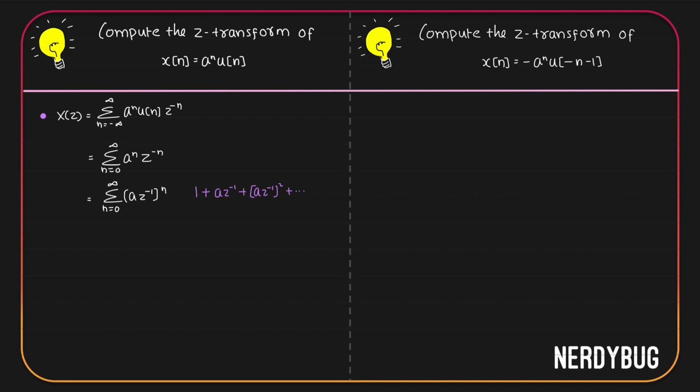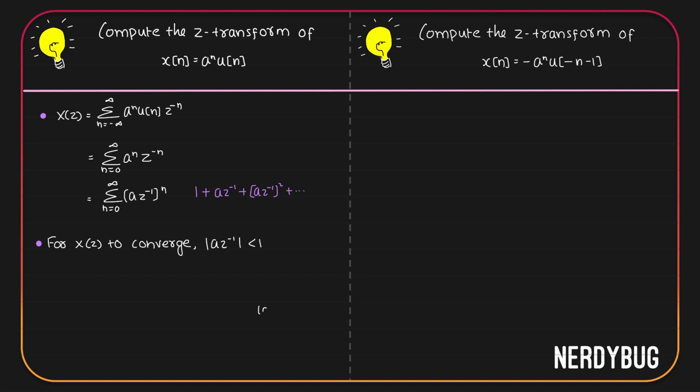It will converge to a finite value only if the common ratio is less than 1. Here the common ratio is a z raised to minus 1. If the common ratio is greater than 1, then each term will become bigger than the previous term and the sum will only go to infinity. So we have to write, for X of z to converge, the common ratio a z inverse should have a magnitude that is less than 1.